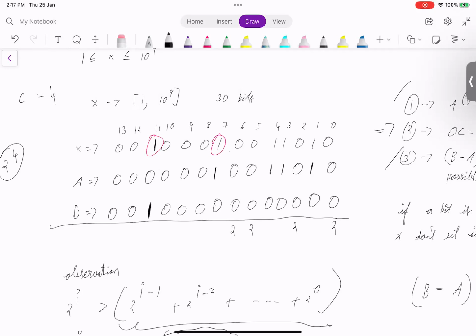So after the second most significant bit, count how many unset bits are there in X. So here we have 4.